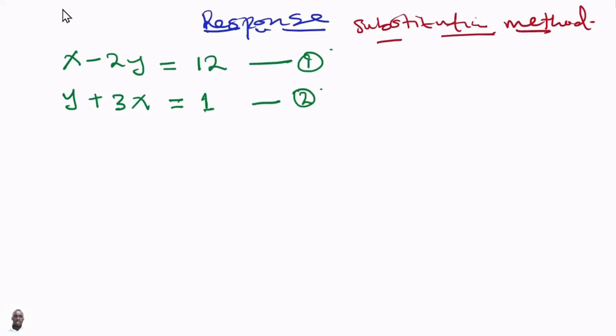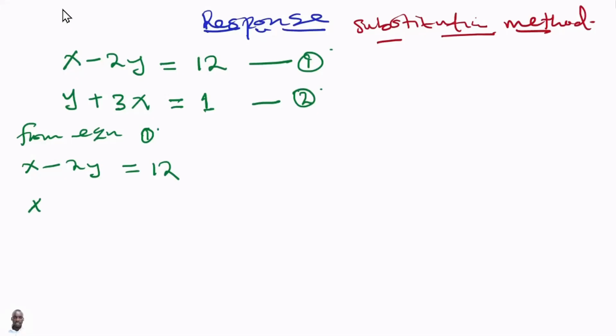Alright, we can say that from equation 1, we can make x the subject. What does it mean? We have x minus 2y equaling 12. Then let us make x the subject. It implies that we want x to be on one side of the equation.